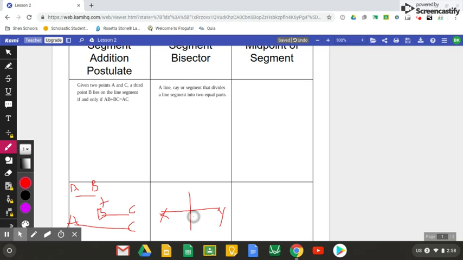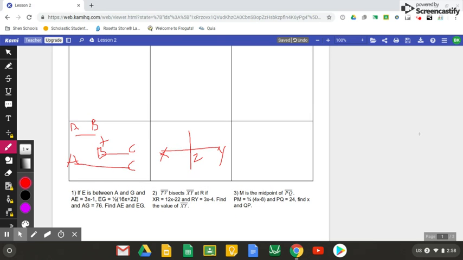I'll call this Z. So now XZ equals ZY. That's what this means. So that segment I drew cuts the other one perfectly in half.